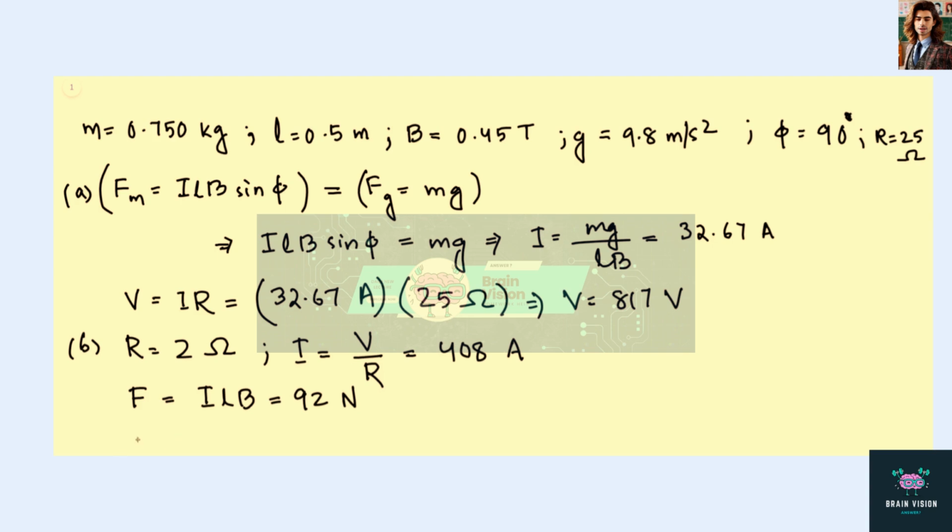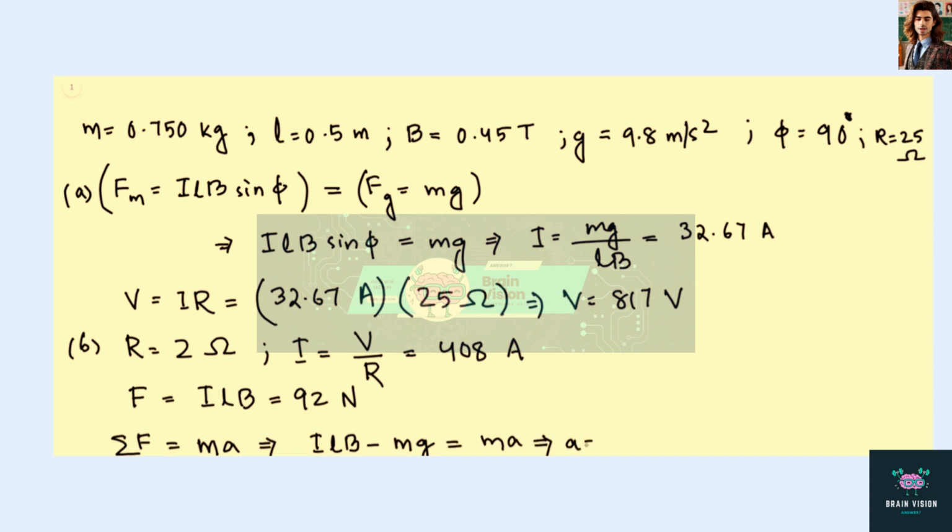And now we use Newton's law. Newton's law says that the summation of all forces is equal to mass times acceleration. Here we have two forces, the magnetic force, which is ILB, and the gravitational force, which is in the opposite direction, so a negative sign over here, and this is equal to mass times acceleration.